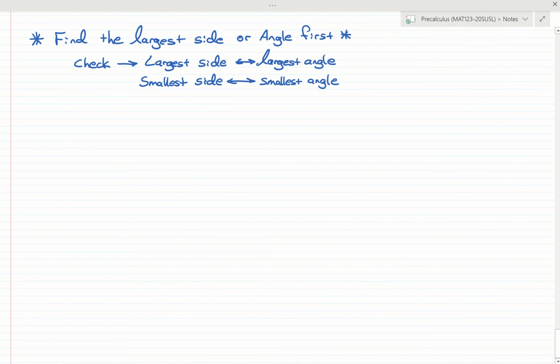Let's try a problem where we have side angle side. So what if the problem looked like this, where side B was 5.8, side C was 3.6, and angle A is 39.5 degrees.